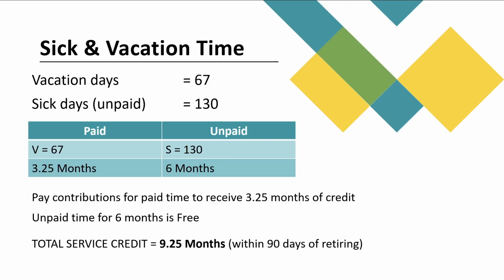The unpaid or non-payable sick, by turning in 130 days, would simply grant them 6 months of service credit free. So this person has the ability to establish 9.25 months of service credit on their account if they ended their career with 67 vacation days and 130 sick days.